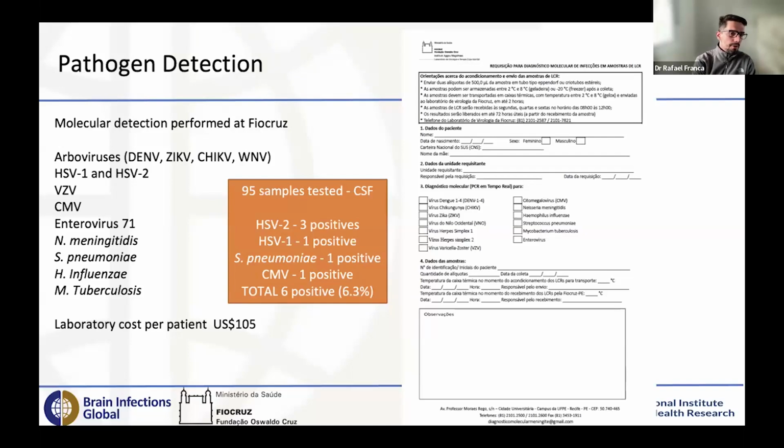In addition to the pathogen detection and the laboratory capacity training we performed in the hospitals in Brazil, we put FioCruz as a support laboratory for the diagnostics of commonly found or important pathogens in the Brazil setting. We made, on the left, a form that the clinicians could fill with the name of the patient, some basic information, plus the assays that they required for that sample.